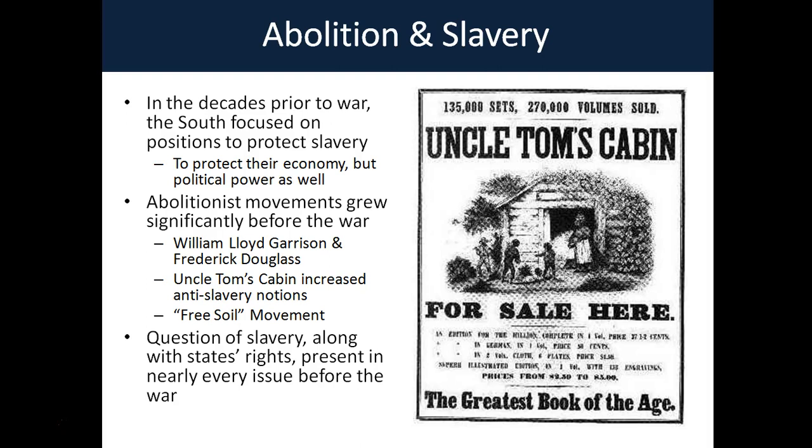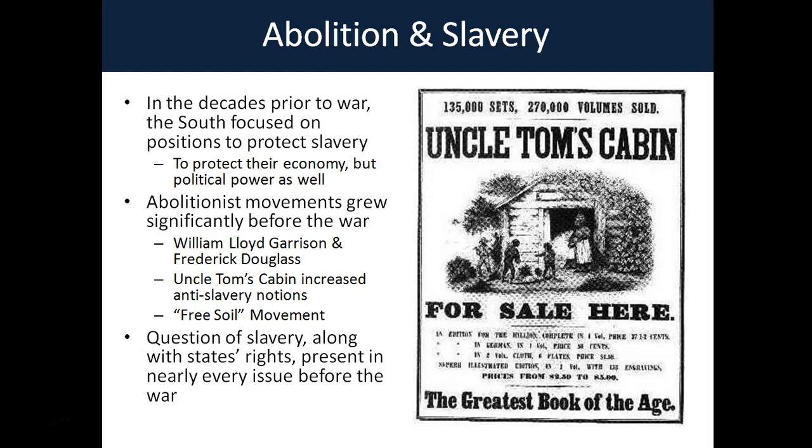Now, a piece of literature that I'm hoping to get you guys to read, we'll see if we can find copies, Uncle Tom's Cabin, really increased the anti-slavery and abolitionist notions once it was published, because it was a story that set you into the light of what it was like to live as a slave, and that angered a lot of people, and it helped start movements like the Free Soil movement in the North.